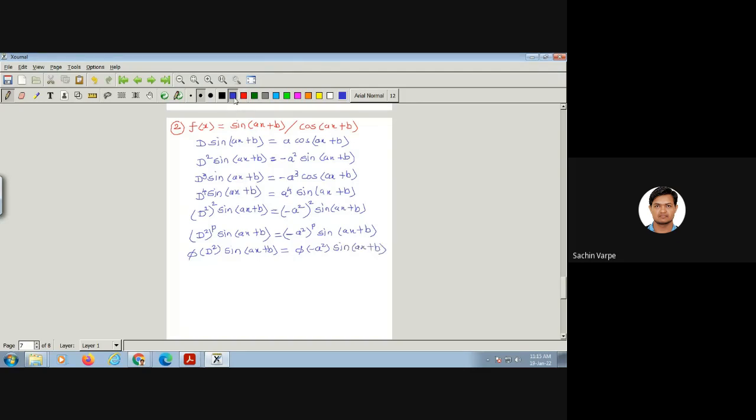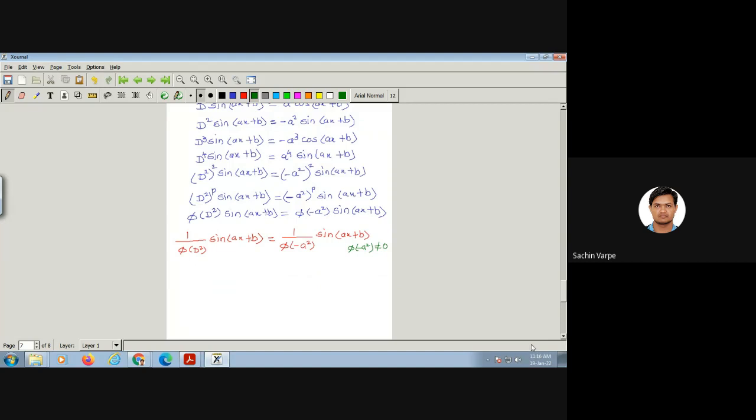If I interchange the role of this operator, then I write the formula: 1 upon phi of D square sine of ax plus b gives me 1 upon phi at minus a square sine of ax plus b, provided that this phi at minus a square must be non-zero. And this is the formula.